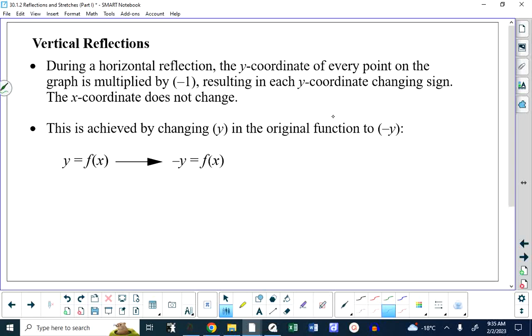We like to say y equals. So if I multiply both sides by -1, this is the idea. And it's useful here to understand that rather than me saying that y is multiplied by -1, since y is the function, the whole function is multiplied by -1. Anytime you see a -1 in front of the function, we're talking about a vertical reflection.